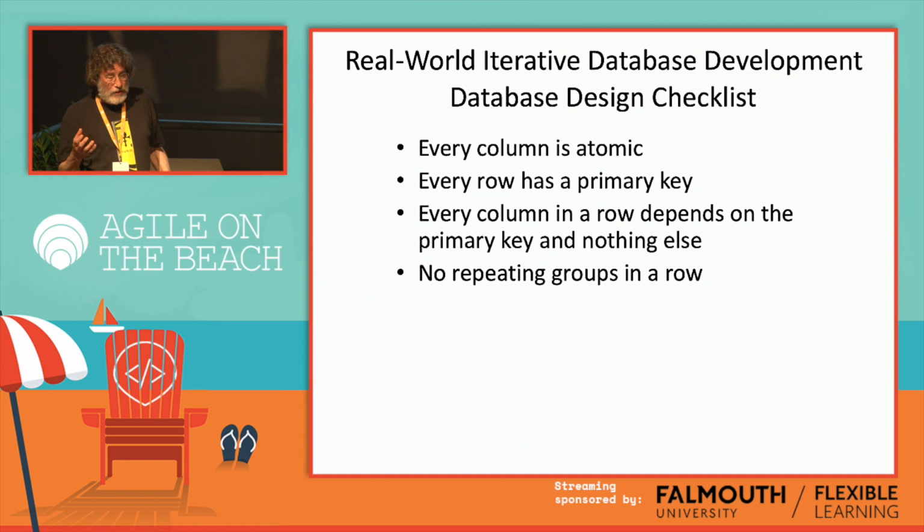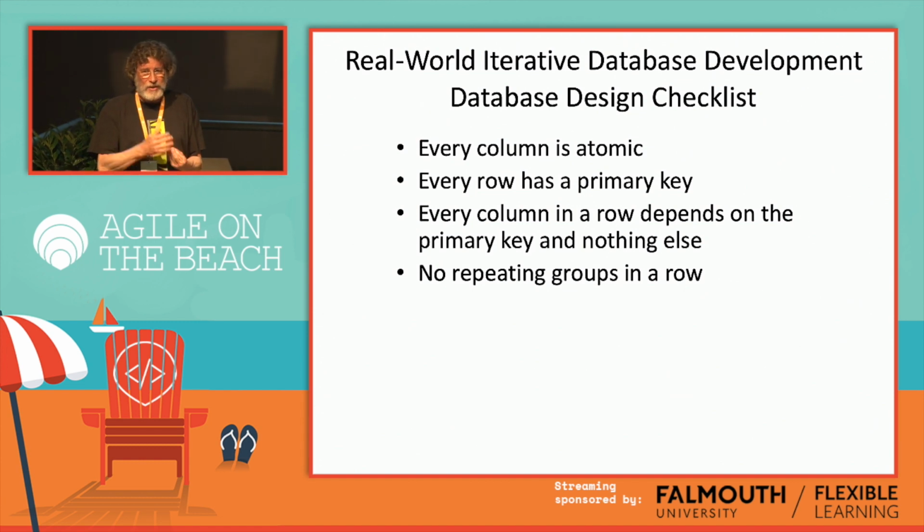If you've got two rows that are the same, what does that mean in the database? If they're exactly the same, why would you have two of them? You need some way to distinguish between them, even if you've got two people with the same name, for example, or two transactions on the same date for the same amount of money. You need to know that they're two distinct things.